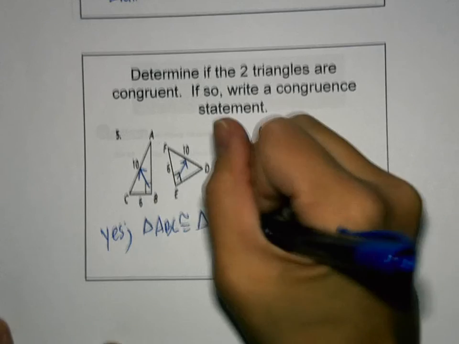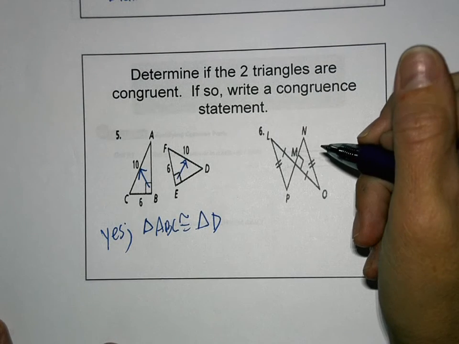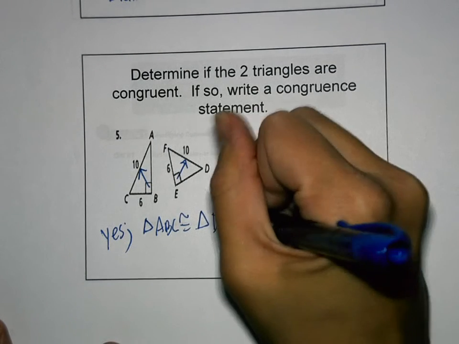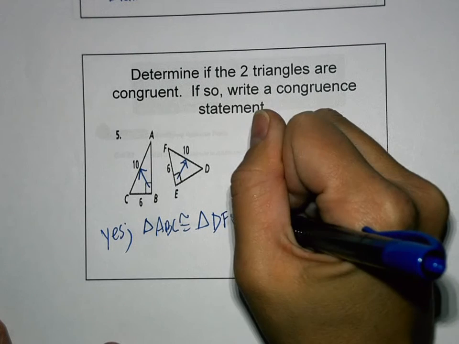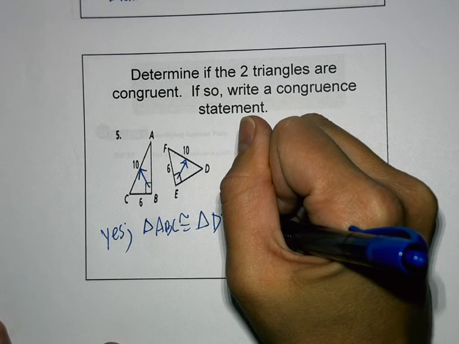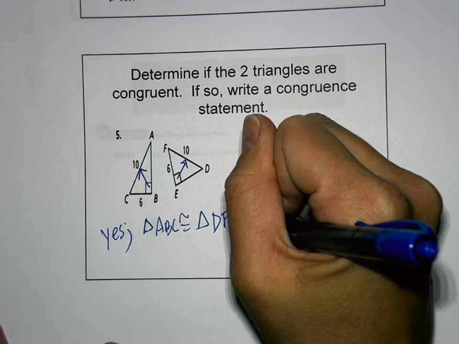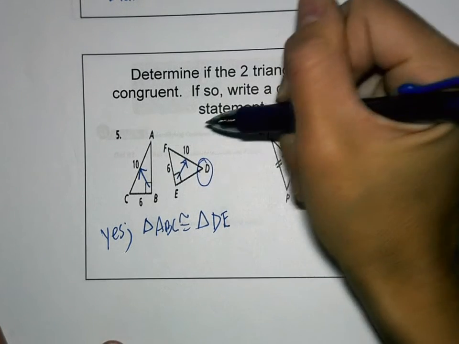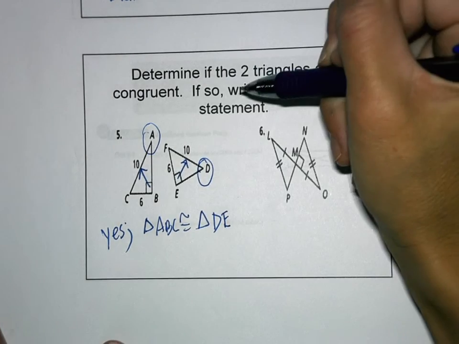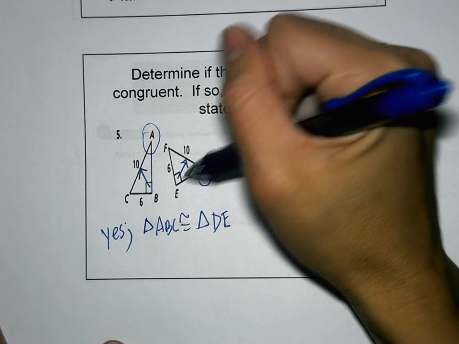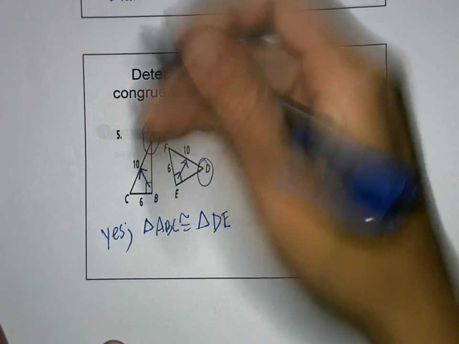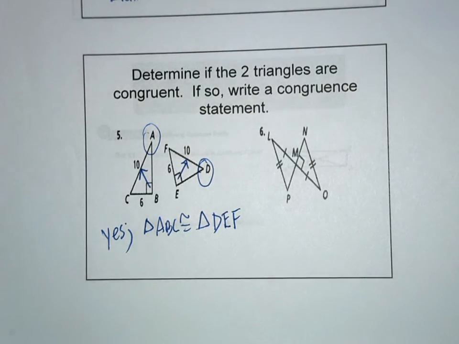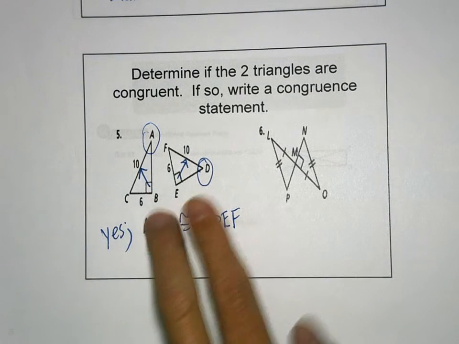D, and then what? Isn't it DEF? D and A go together, and then E and B, and then F. See how E and B are both at the 90 degrees?